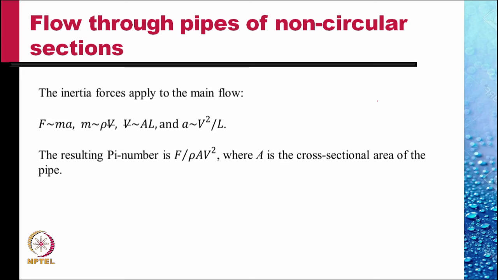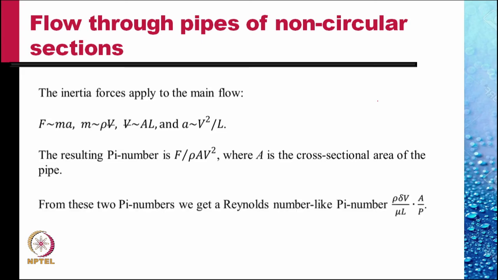Mass is like rho times volume, volume is like the cross-sectional area A times the length of the pipe, and acceleration is like v square by L. The resulting pi number is F inertial divided by rho A v square, where A is the cross-sectional area of the pipe. And from this, we get a Reynolds number like pi number.